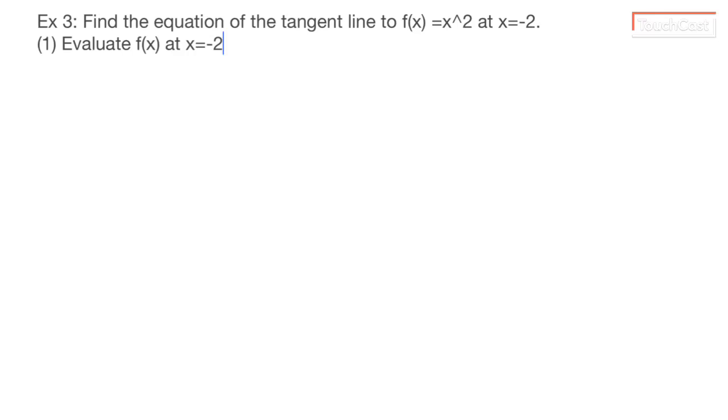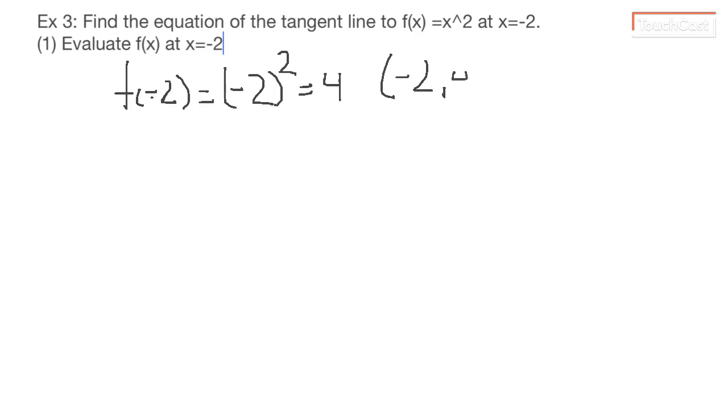We're going to take f of x and we're just going to put -2 in for x. So f of -2 is going to equal -2 squared. And -2 times -2, that's +4. So we've got a point, -2, 4. This point is going to lie on our tangent line.